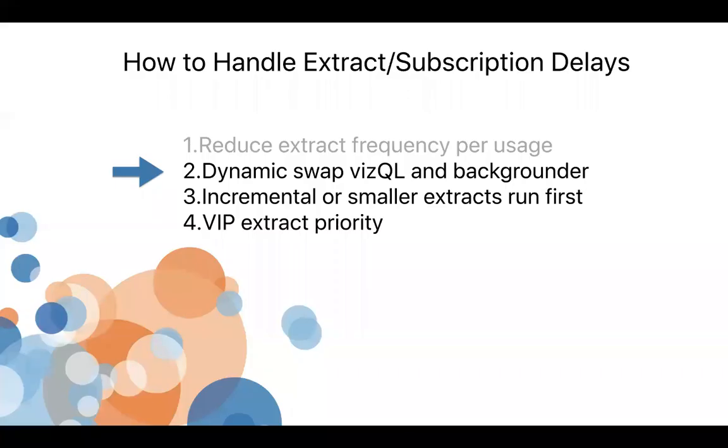So far, I spent a lot of time talking about the first one, rescheduling extracts based on usage. If you do so, you will find you are saving so many background tasks. You are reducing a lot. Try plugging in your workbooks and data sources and you'll find the right way. That alone, depending on your situation, can improve maybe 50%, 70% of your backgrounder efficiency.